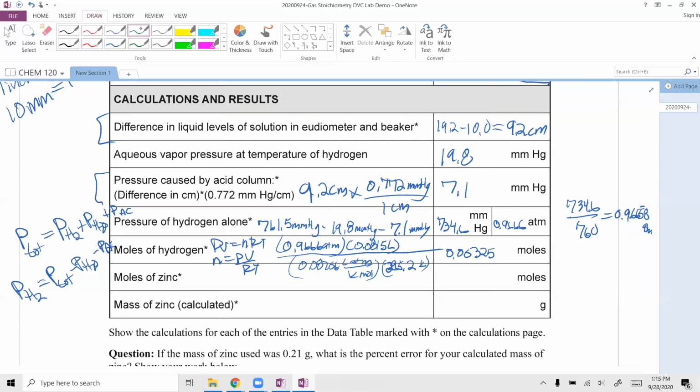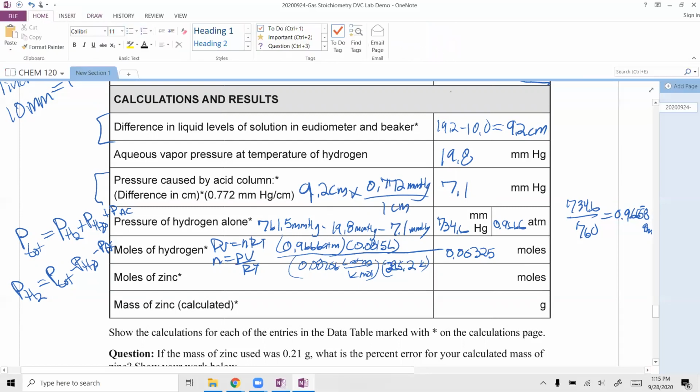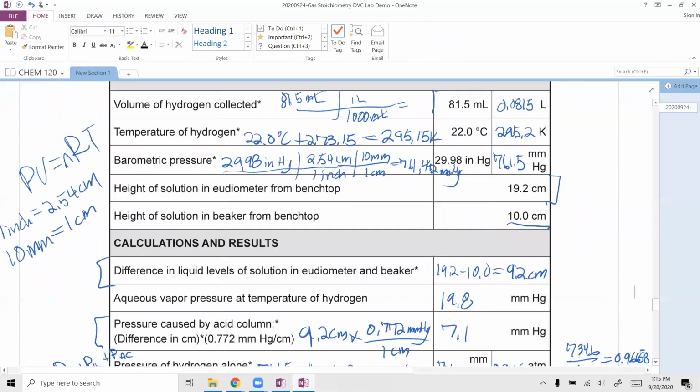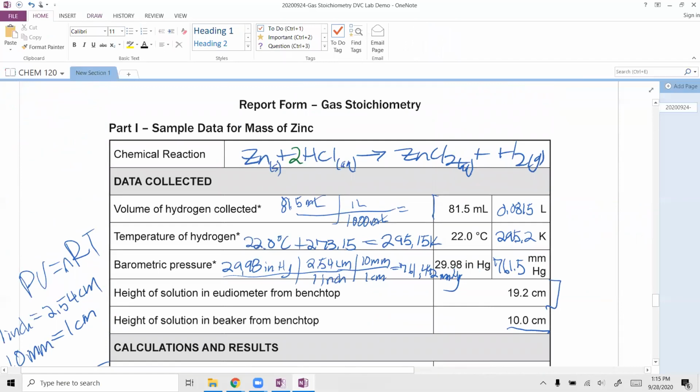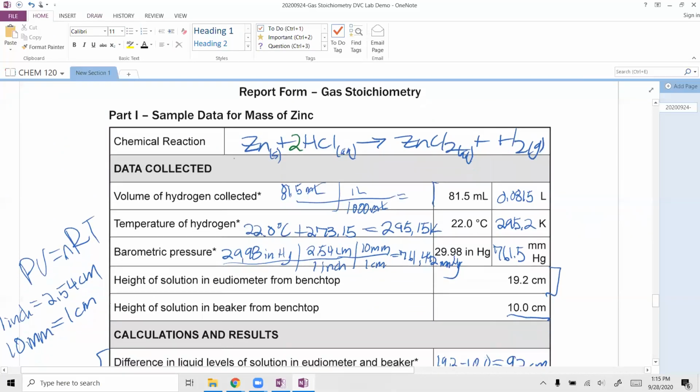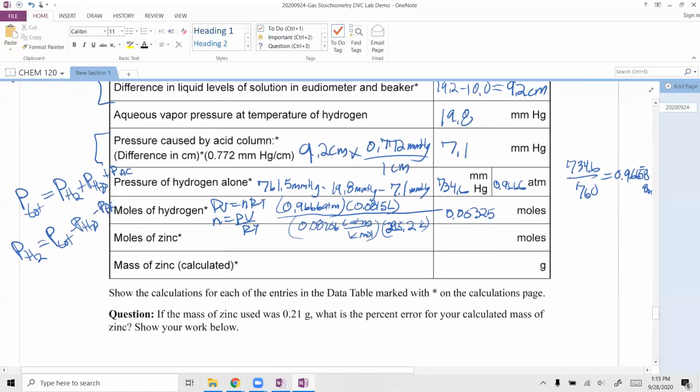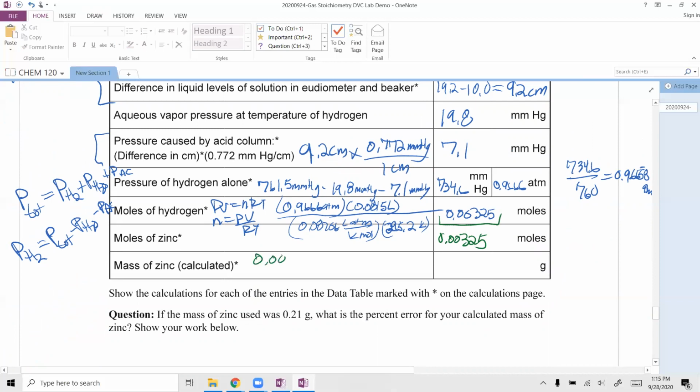Now, looking at our equation, we can figure out, well, 1 mole of zinc is equal to 2 moles of HCl. 1 mole of zinc is equal to 1 mole of hydrogen. So if we have this many moles of hydrogen, we should also have that many moles of our zinc. And so for us to convert that into grams, we need to use our molar mass.